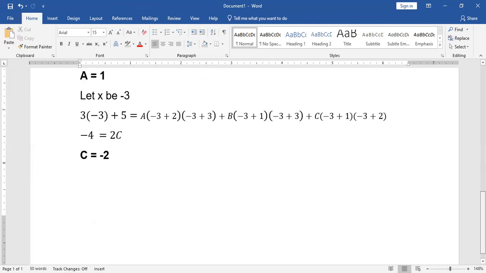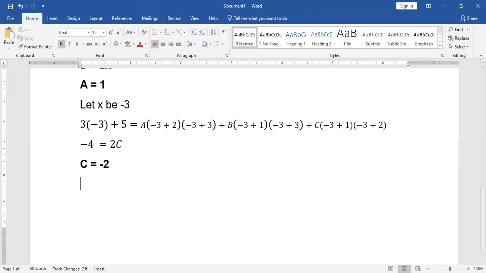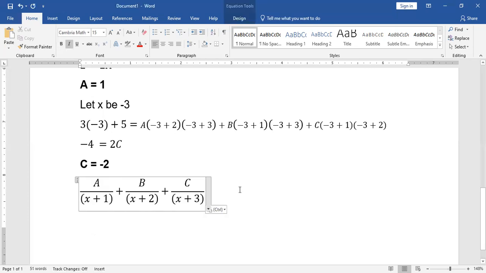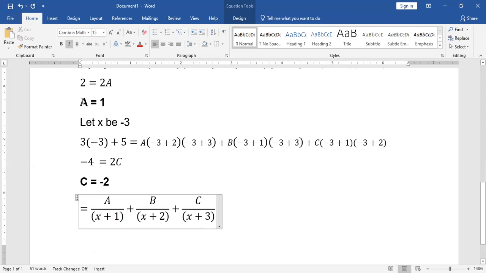So here we are. I'm bringing it here. Remember what I said? This is how it shall look like. Therefore, the final answer will be: where there is a there, A, we found 1. As you can see here, where there is a there, I'm putting 1.